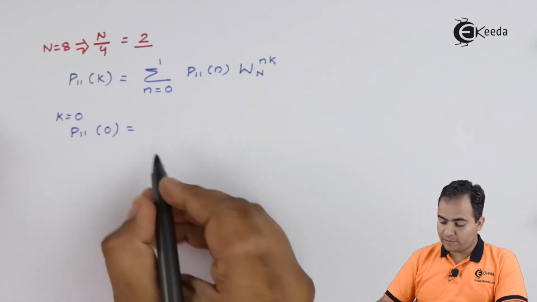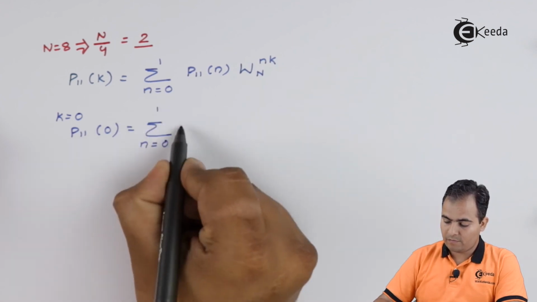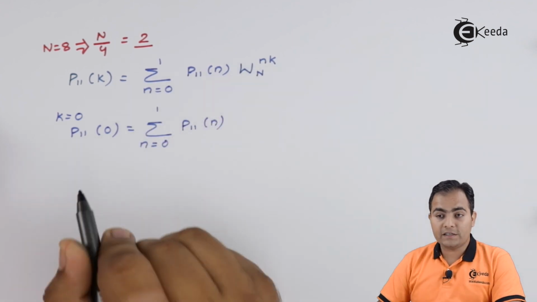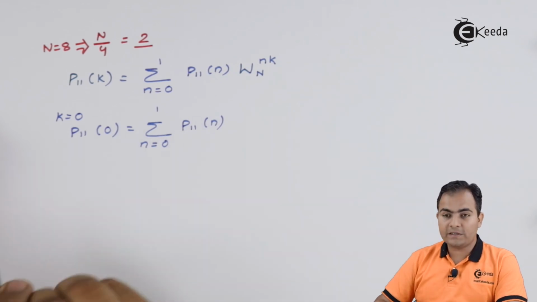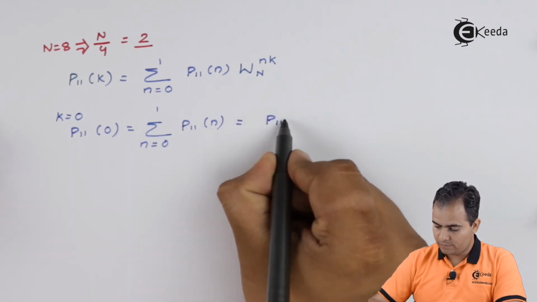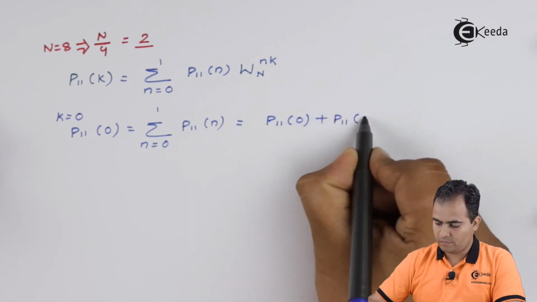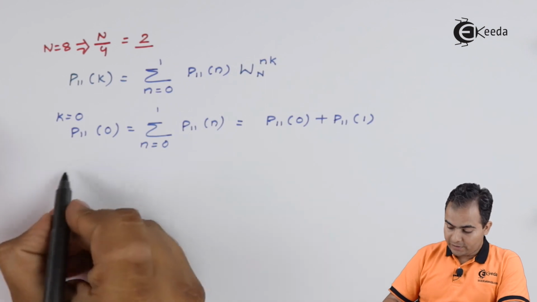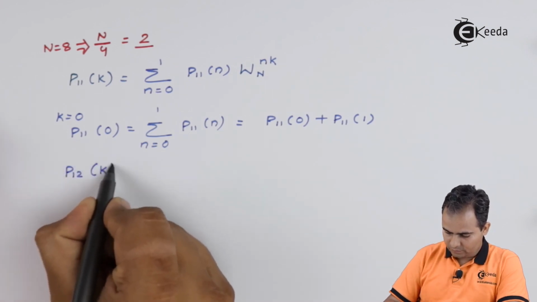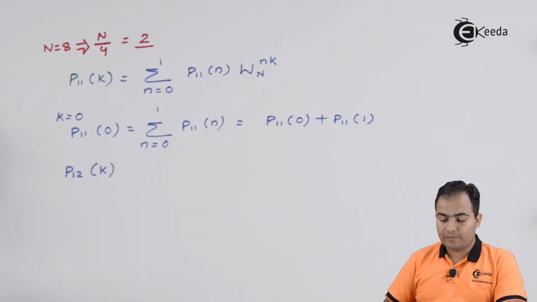This k value will be replaced by 0. Now anything raised to 0 is always 1, so you will get only P11 of n. Now I will break this summation, so you will get P11 of 0 plus P11 of 1. But what about P12 of k?